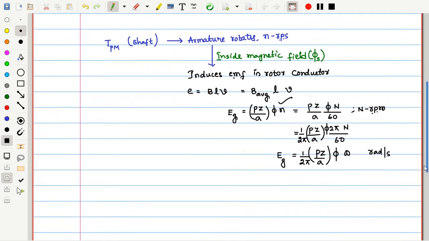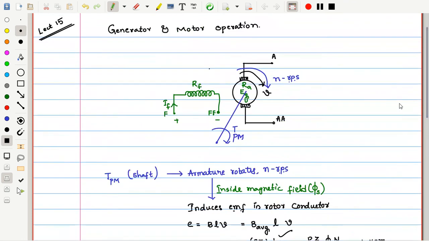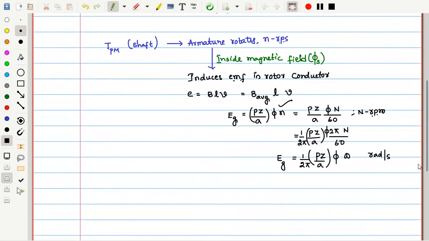Now, one thing you try to observe: we got the induced EMF in a coil, but when this armature is connected across the load, as long as this takes place, no issue. But here, one very interesting observation you need to make: when the armature terminals AA, what is AA?